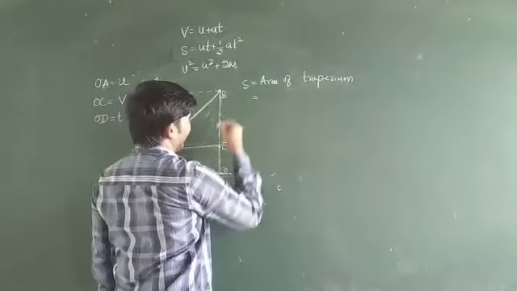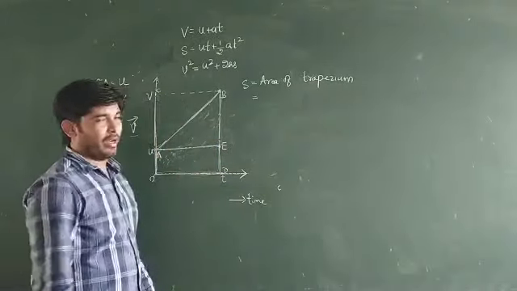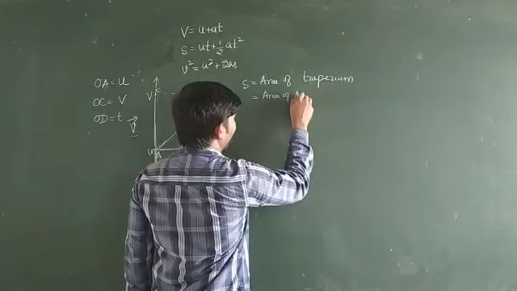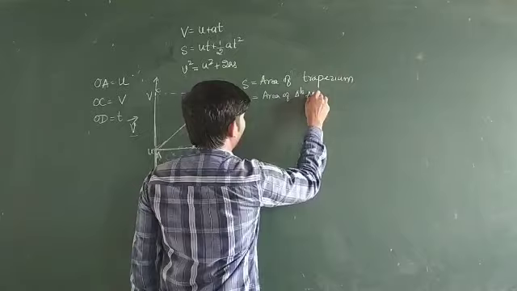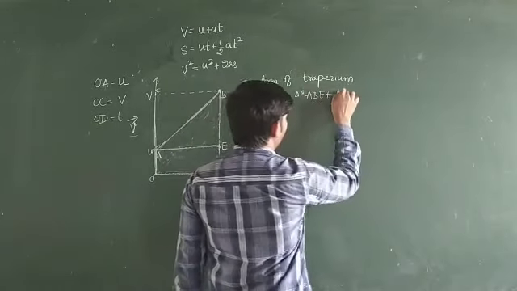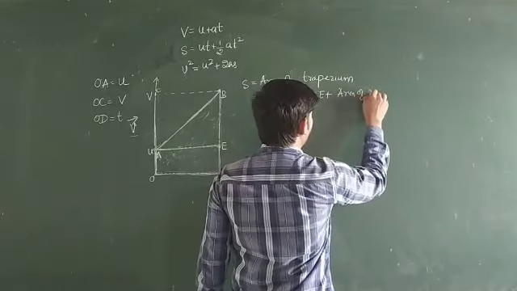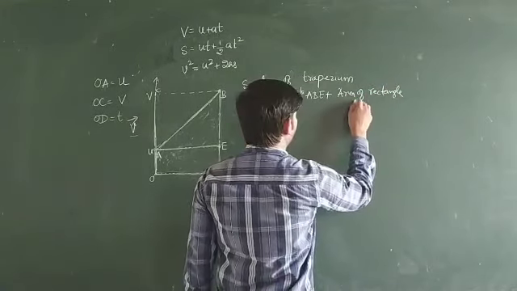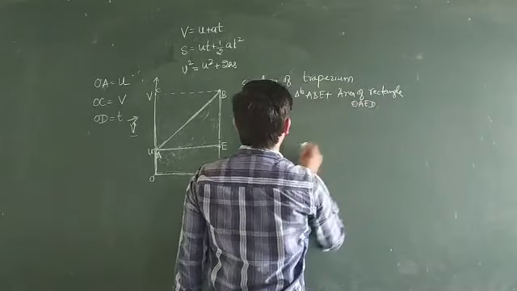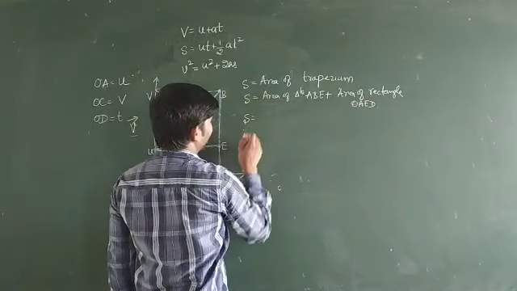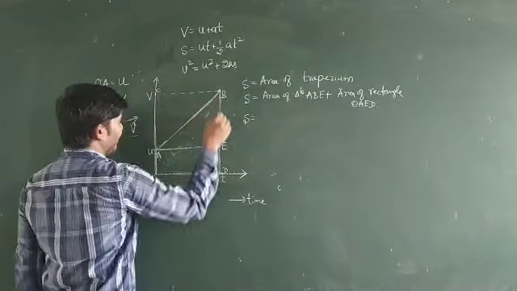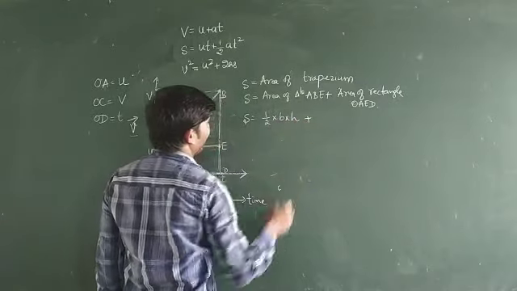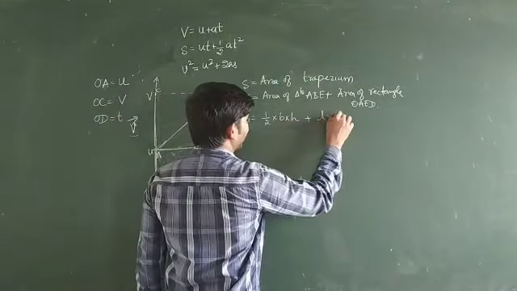So let's find the area of the triangle and the rectangle. The area of the trapezium is equal to the area of triangle ABE plus the area of rectangle OAED. So what is the area of triangle ABE? Its formula is half into base into height, plus the area of the rectangle, length into breadth.